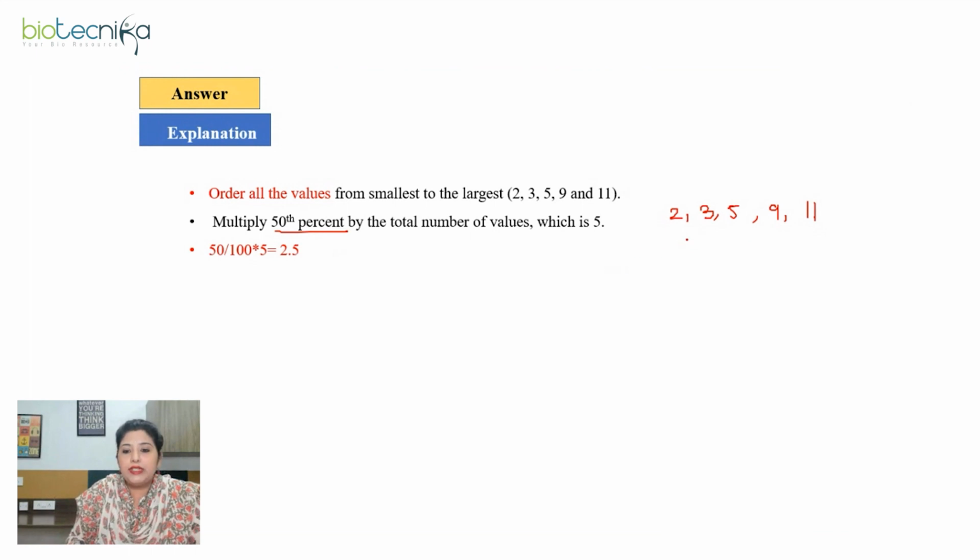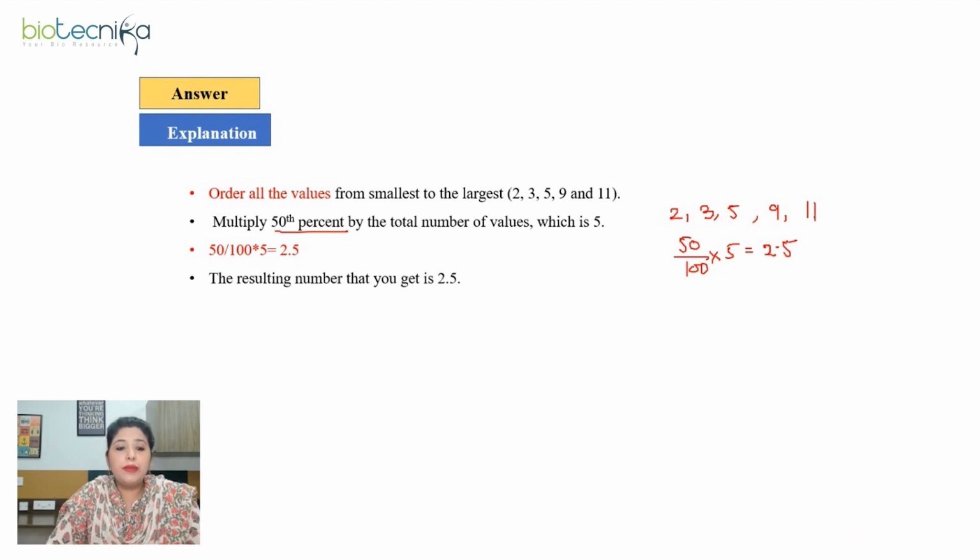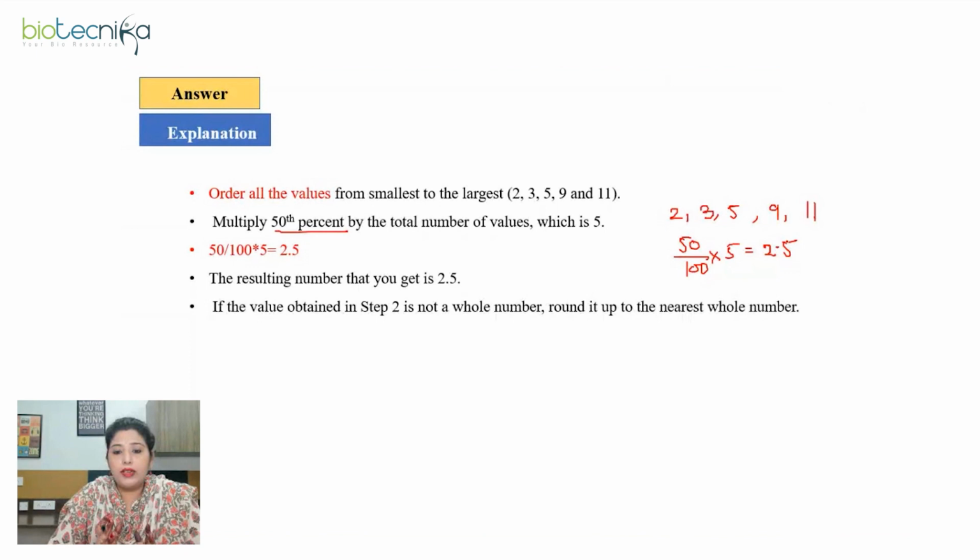So we simply multiply 50 percent by 5. This gives you 2.5. Now the next step: if it is not a whole number, like in this case we are getting 2.5, we have to round it up to the nearest whole number, which gives 3.